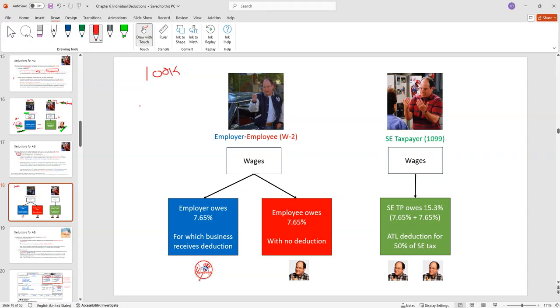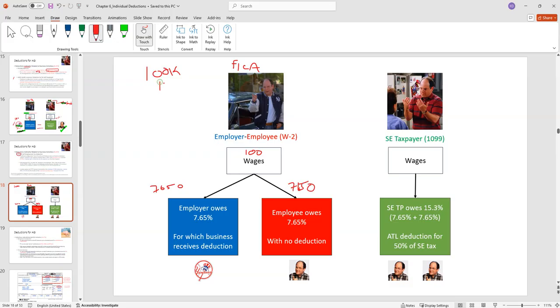There will be FICA tax on there. So he makes 100 grand. What happens is they kind of split the baby for who's responsible for this. Hey, employer, you're going to pay half of it, $7,650.